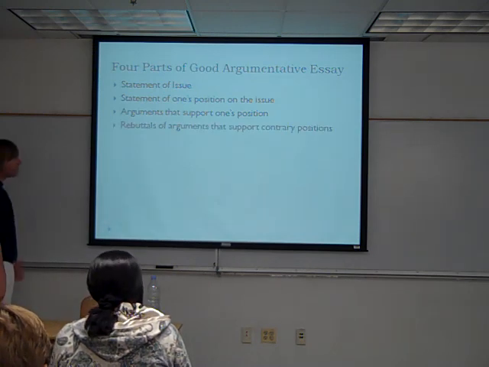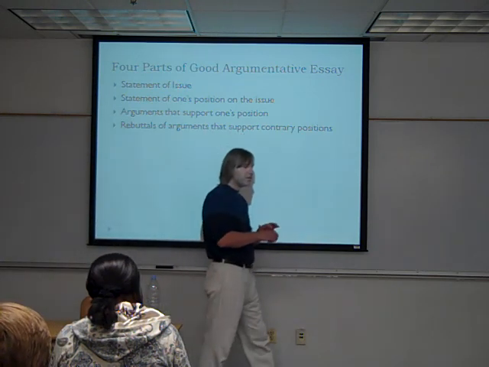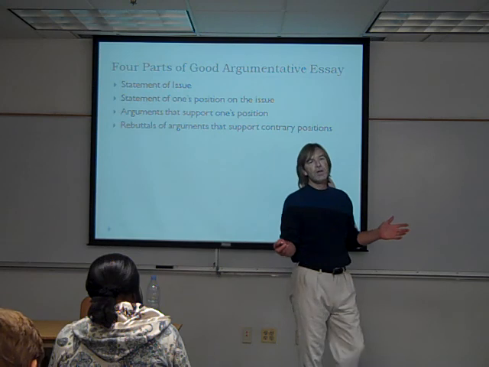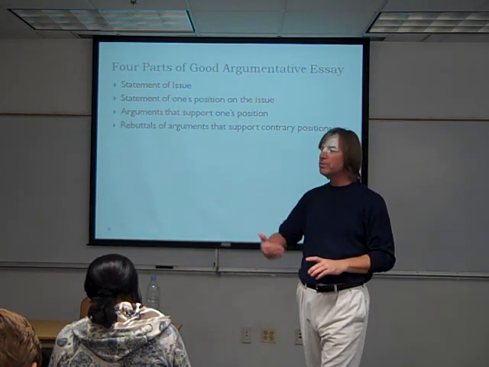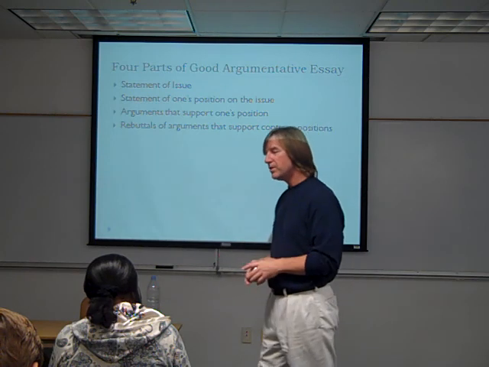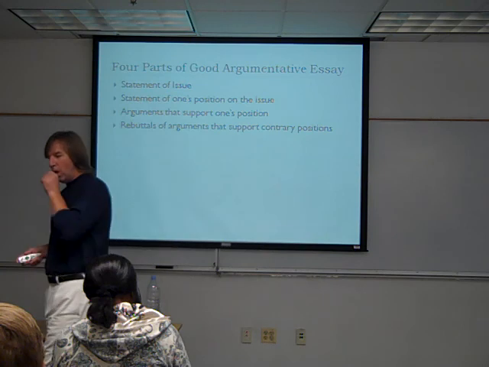Finally, rebuttals of arguments that support contrary positions. This shows that you understand the issue broadly and you have considered opposing views. If you only develop an argument for your position, one could question whether you've adequately considered all of the alternatives.